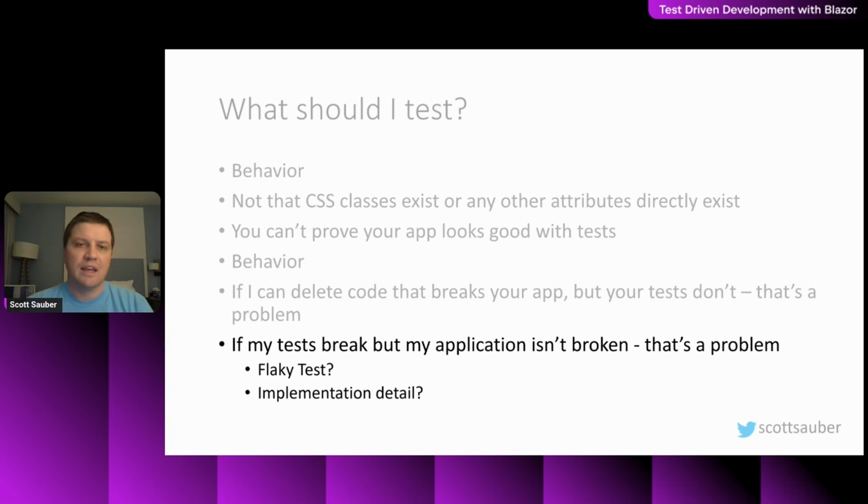Especially with front end code, that can happen, where maybe you're making an API call that you're mocking out, or you're doing some other calculations and you're checking the HTML before that calculation finishes running. There are different techniques to wait for elements to be visible or to have certain values, those kinds of things.